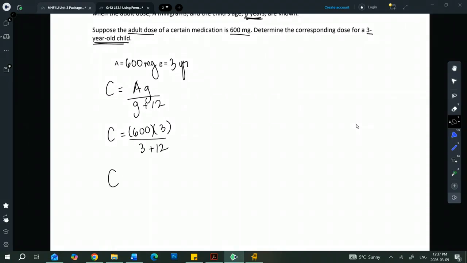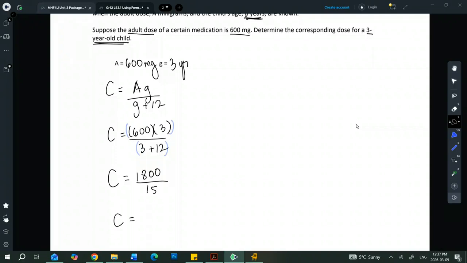So when you go about calculating this, you want to remember that there's technically brackets around the top and brackets around the bottom. So when you follow BEDMAS, obviously the top and bottom need to be simplified first. So 600 times 3 would give us 1800, and then 3 plus 12 gives us 15, and then we can just do the calculation from there.